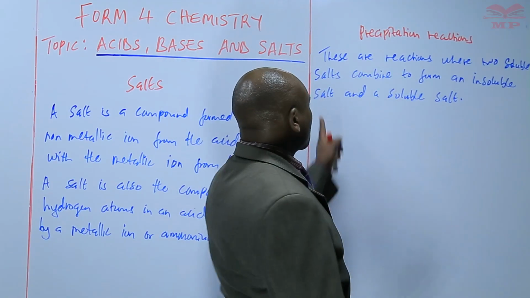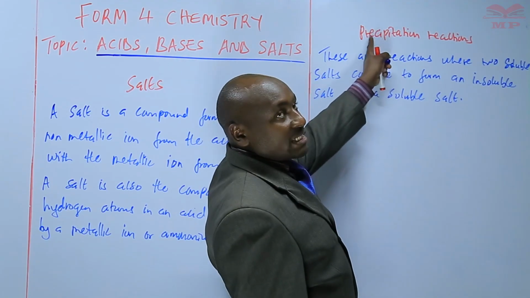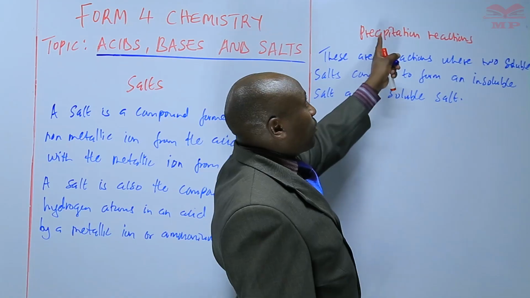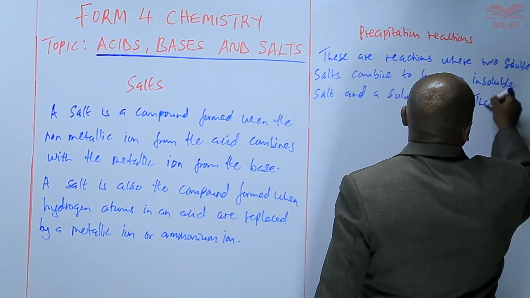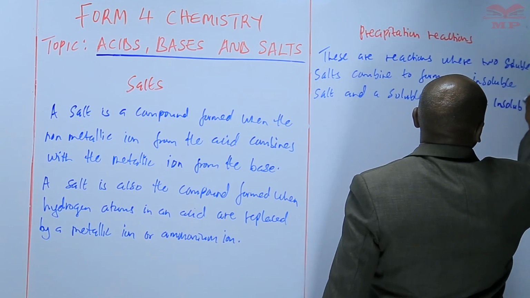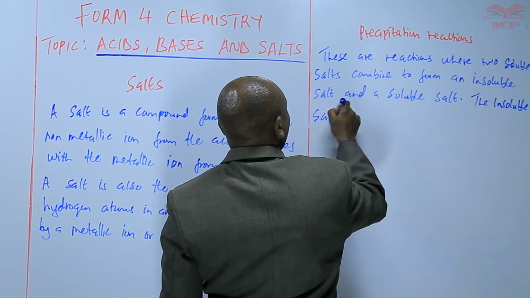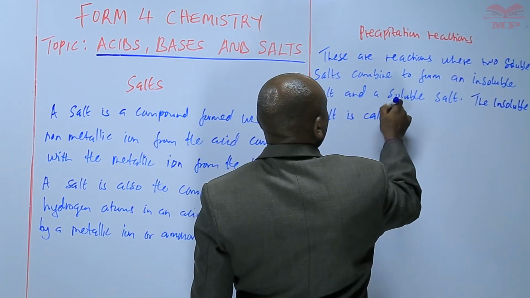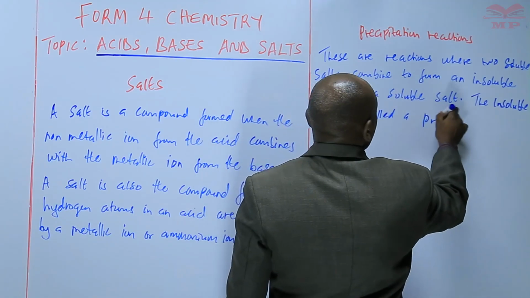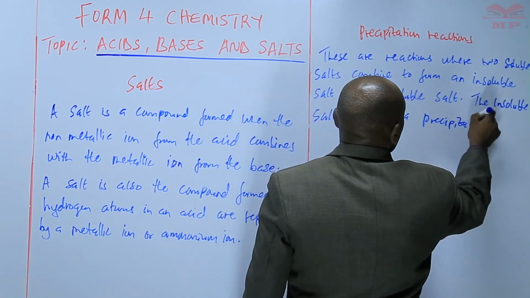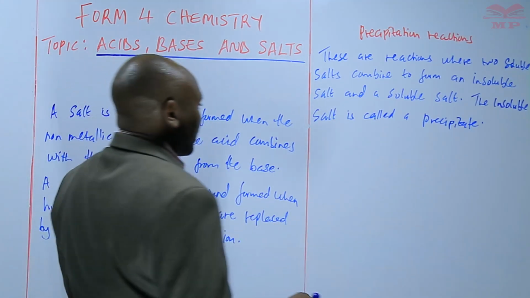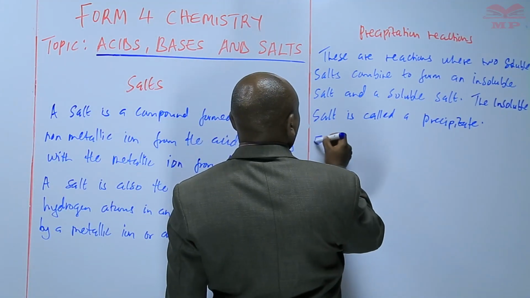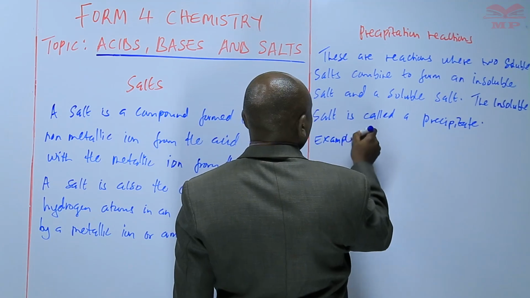And the insoluble salt is what we call the precipitate because it has been formed as a result of precipitation. So insoluble salt is called a precipitate. Hence the word precipitation.